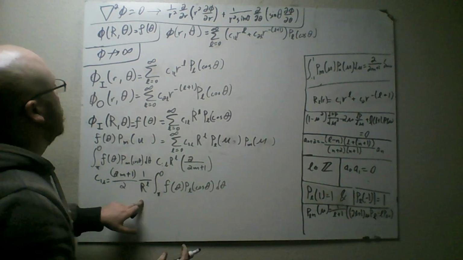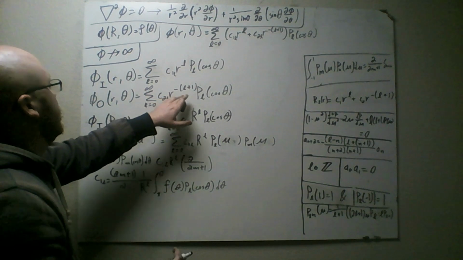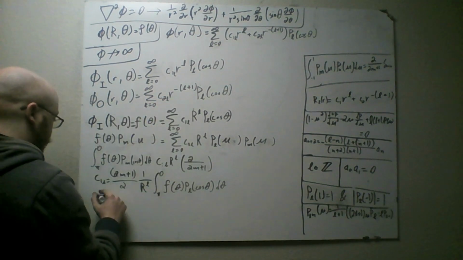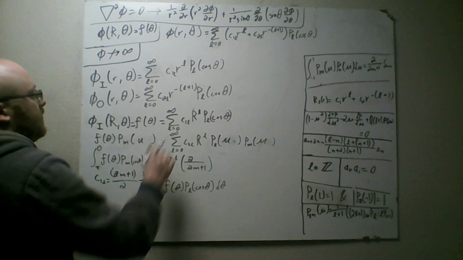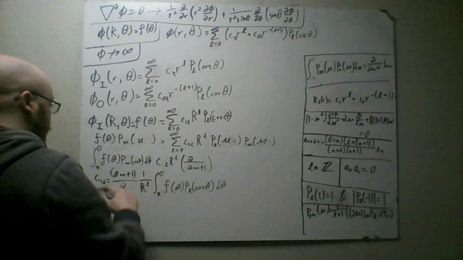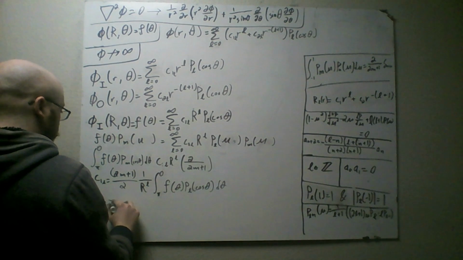So, likewise, we do the same exact thing for this one, and it is quite literally not different at all, except this time we have r to the L plus 1 times it. So C2L equals 2m.